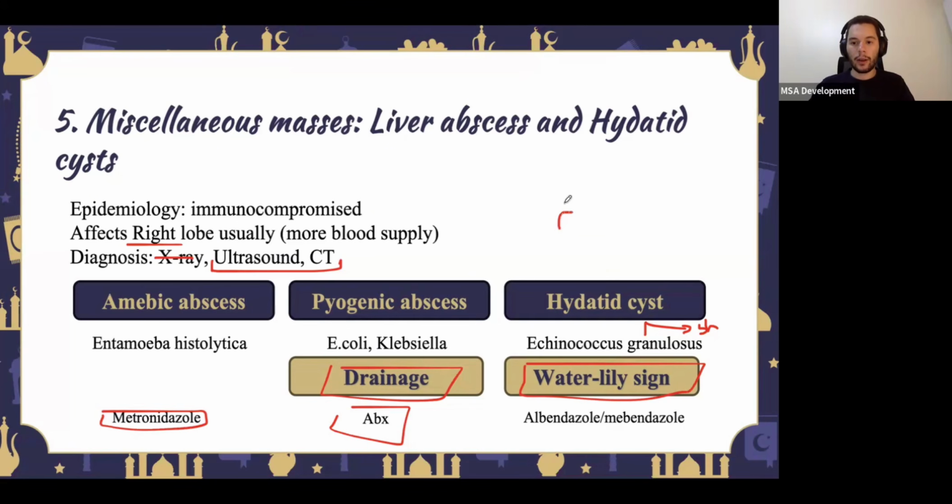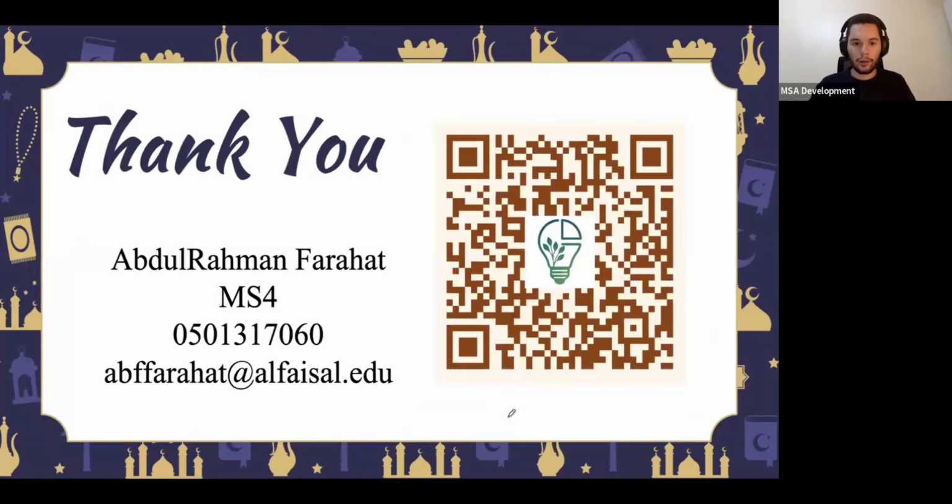You could have a big cyst like this, and there are multiple, it looks like a lily, hydatid cyst in the liver. And the treatment would be albendazole or mebendazole. And yeah, that would be it for our discussion.